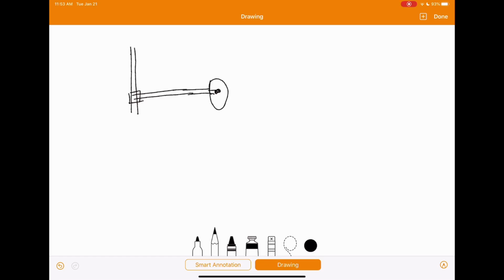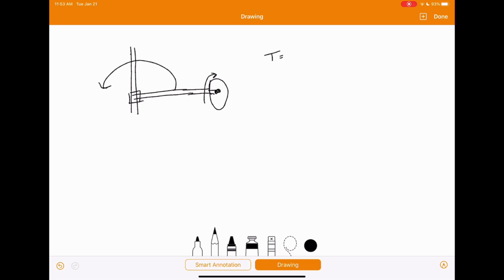So if this bar was rotating about this axis, and the disc is also rotating about that axis, you kind of have two different forms of rotational kinetic energy. So you just go ahead and add both of those up.